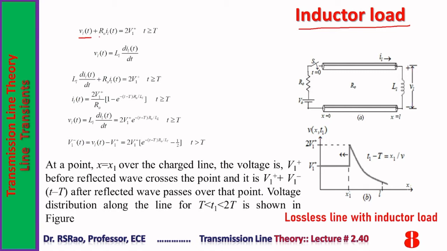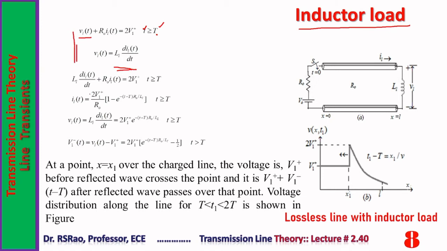VL of t plus R naught IL of t equal to 2 V1 plus, when t is more than capital T. Here small t stands for the time variable, whereas capital T stands for the time required for the wave to reach the load point from the source point. Of course, VL of t is LL dIL(t) by dt. This is the voltage current relation across an inductor.